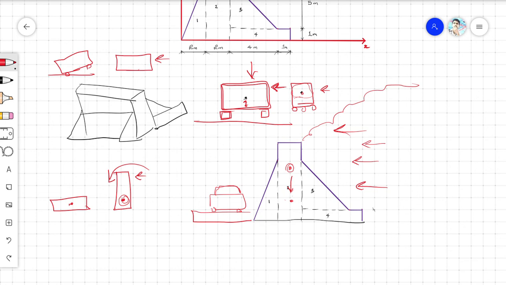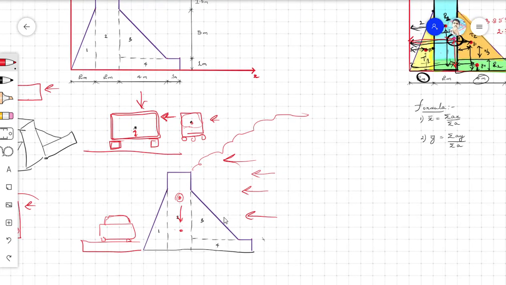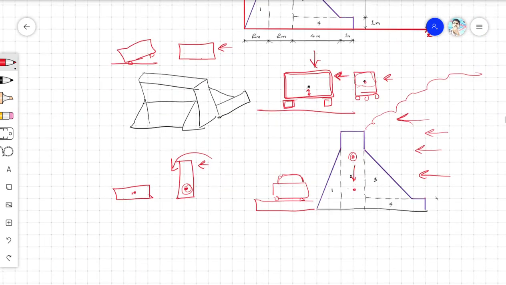Whenever you're going to find it, you could physically test it out, but you don't need to physically test every time. You just have to do this basic calculation. So I take this section, I find the centroid somewhere. I take this section, I find some centroid somewhere.